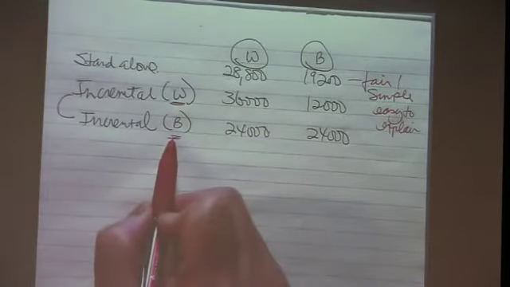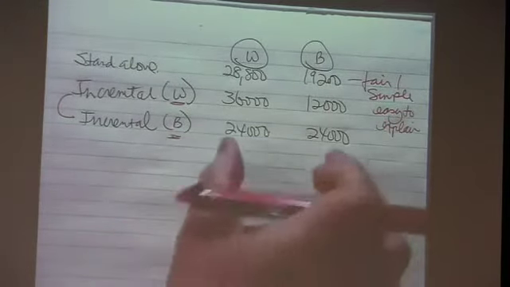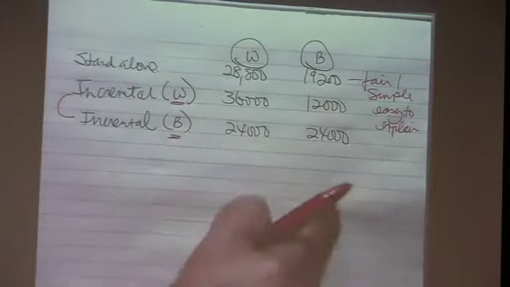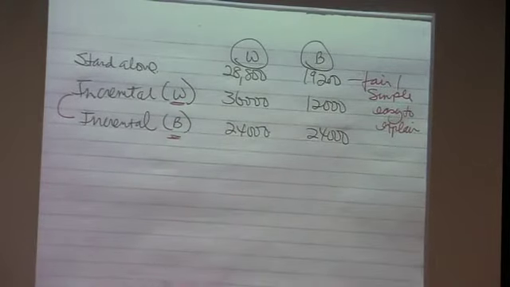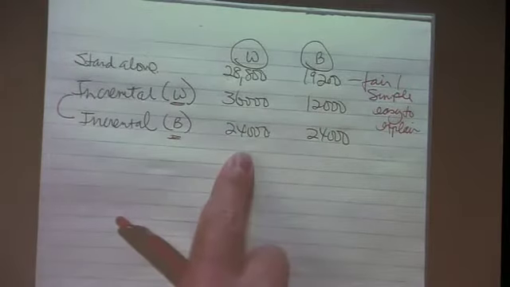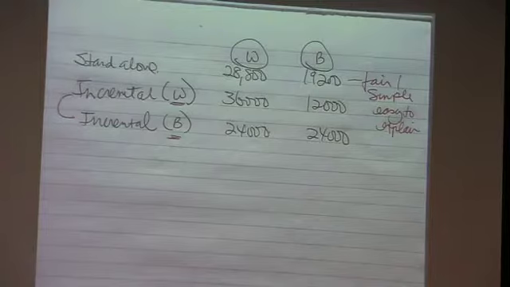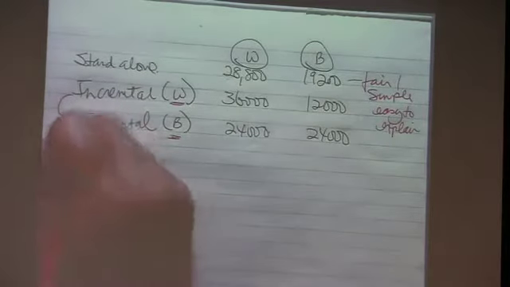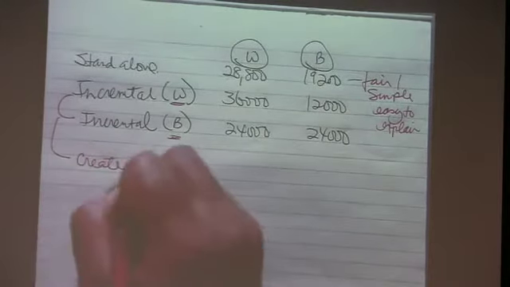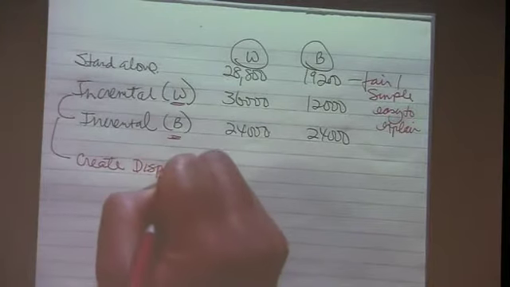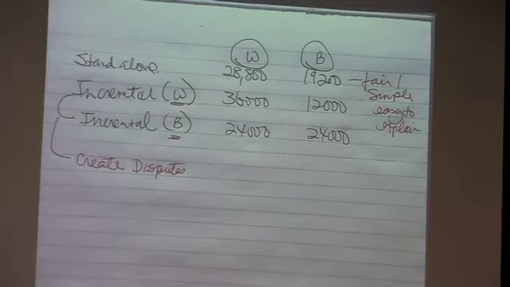With Brown being the primary, you've got to understand, Brown only used 600 hours as opposed to 900 hours of Wright, so they get to share the fees equally. That's not going to bode well with Wright. So these two will create disputes, and really, it's going to be hard to explain which one we should go with. So that's why standalone, to me, is far more superior.